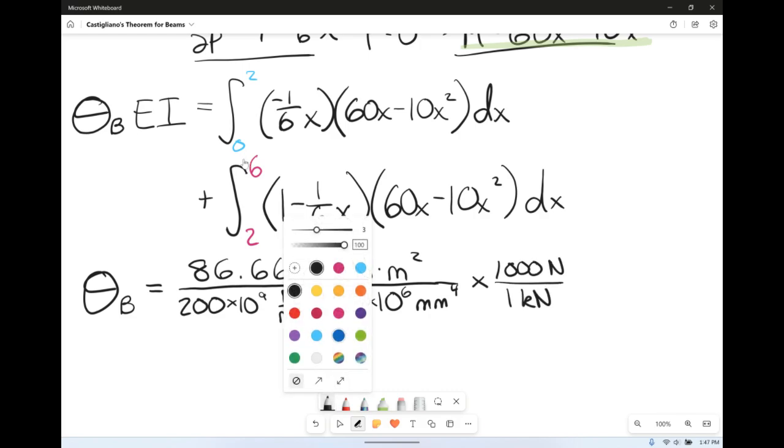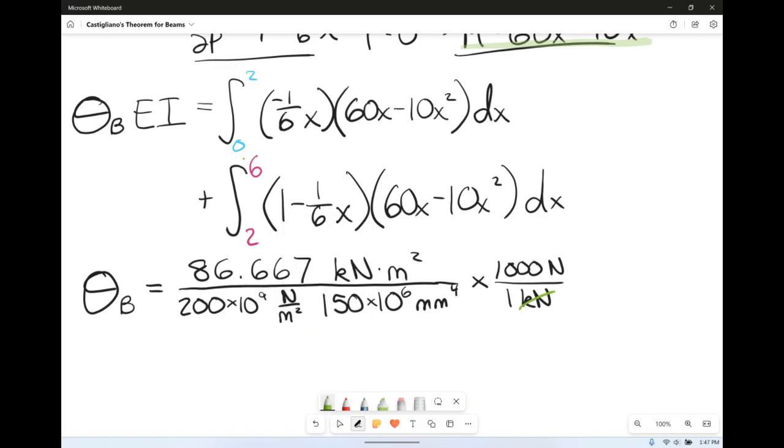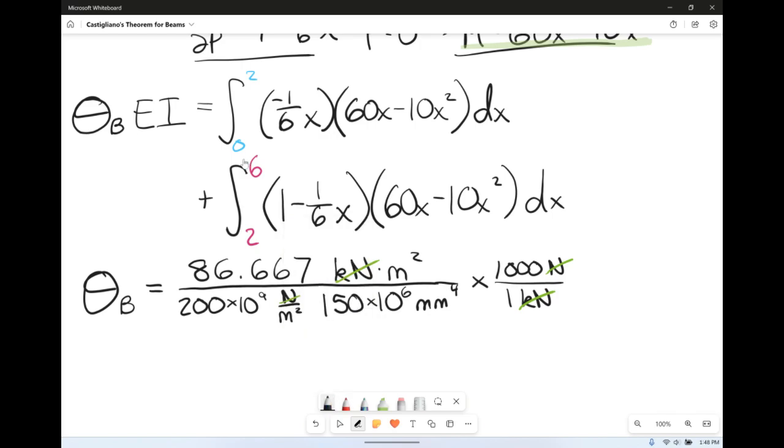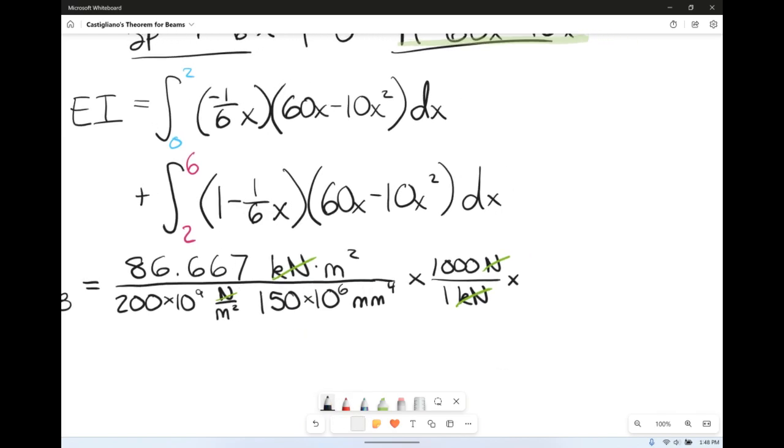And kilonewtons are going to cancel here. Newtons are going to cancel there. That's wonderful. Then we've got millimeters and meters. Millimeters are on the bottom. So we have 1,000 millimeters per every 1 meter. And this we need 4 times.